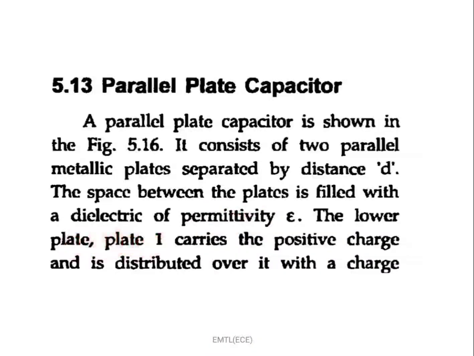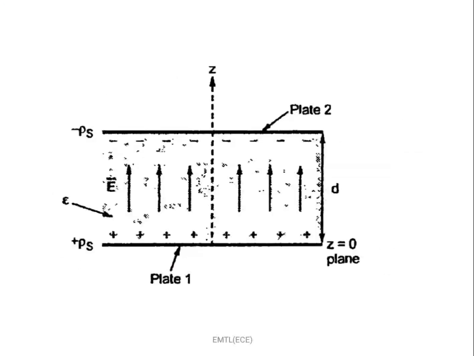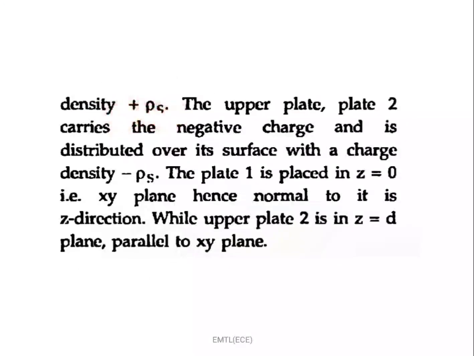The lower plate, named 1, carries positive charge distributed over it with a charge density rho s. The upper plate, 2, carries negative charge distributed over its surface with a surface charge density of minus rho s.